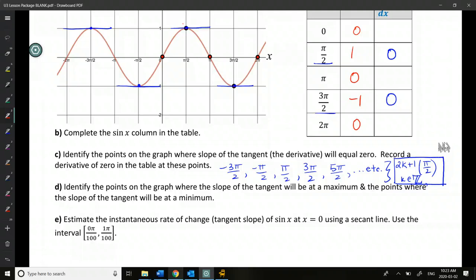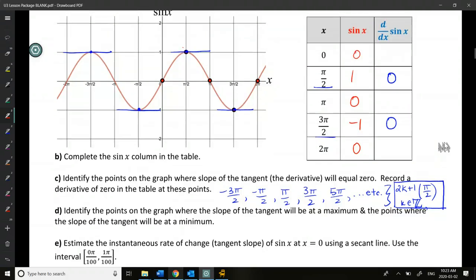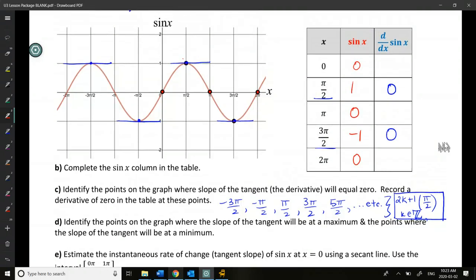Okay, identify the points on the graph where the slope of the tangent will be at a max and where the slope of the tangent will be at a minimum. So where is the slope of the tangent on this graph going to be the steepest in the positive direction? 0 is one of them, yes. So here, this is where the slope of the tangent will be the absolute steepest in the positive direction. What other? 2 pi, yep.